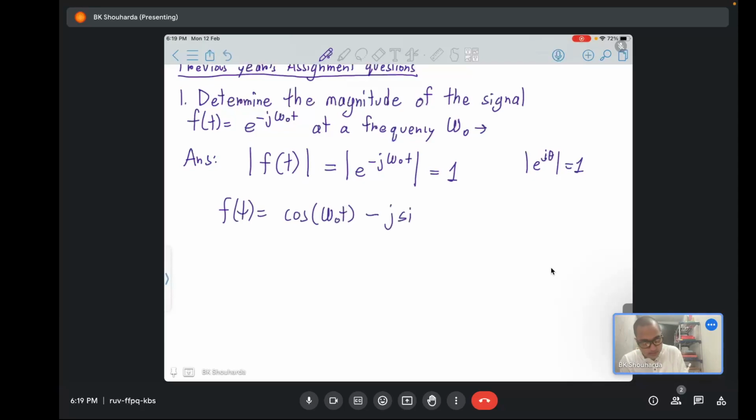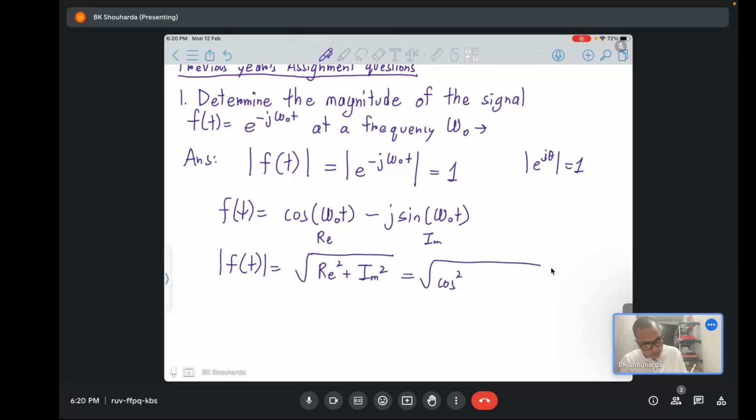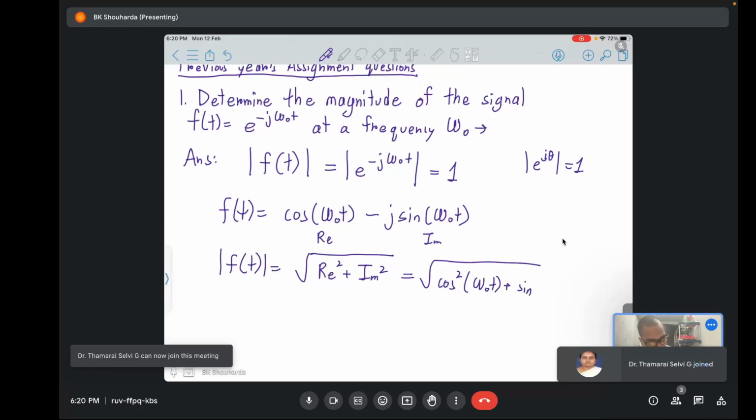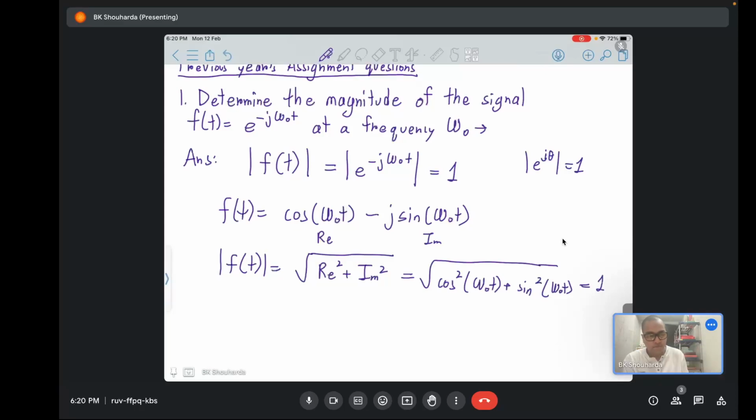This is the real part, this is the imaginary part. Now if you take the magnitude of this complex number, that is the real part squared plus imaginary part squared, that is cos square omega naught t plus sine square omega naught t, and that is 1.